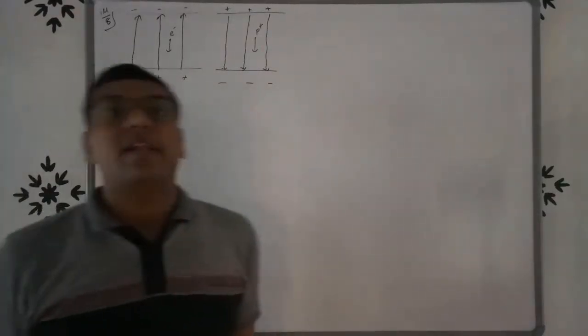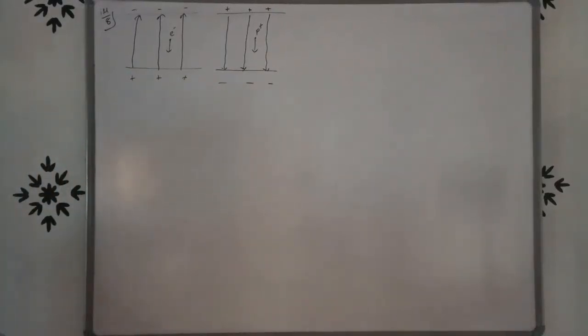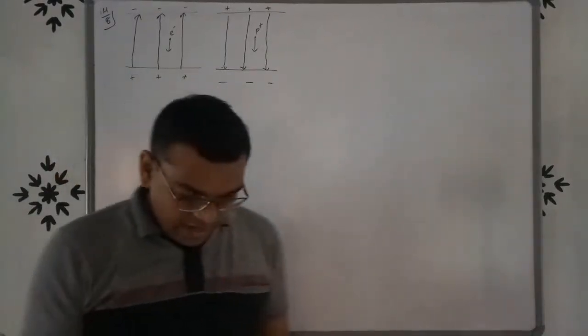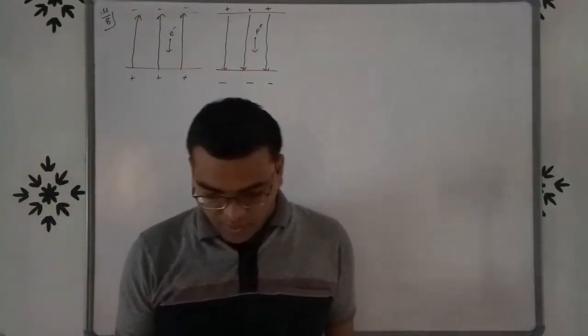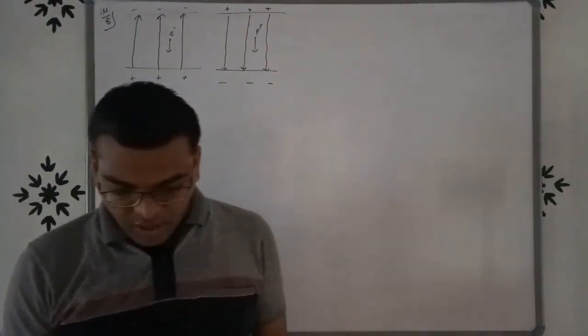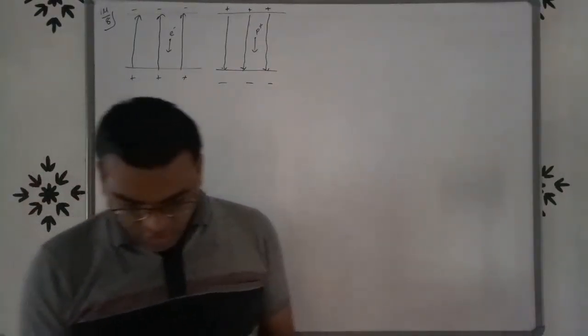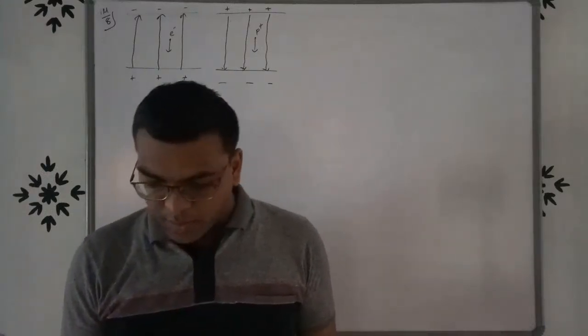Now, illustration number 8. An electron falls through a distance of 1.5 centimeter in a uniform electric field of magnitude 2 into 10 raised to 4 Newton per Coulomb.